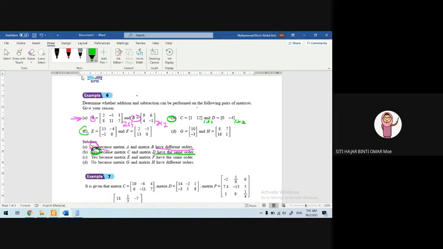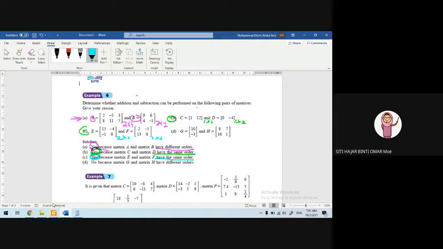Now take a look at E. E has 2 rows and 2 columns. F has 2 rows and 2 columns. They have the same order, so your answer is yes. Yes, addition and subtraction can be performed because they have the same order.